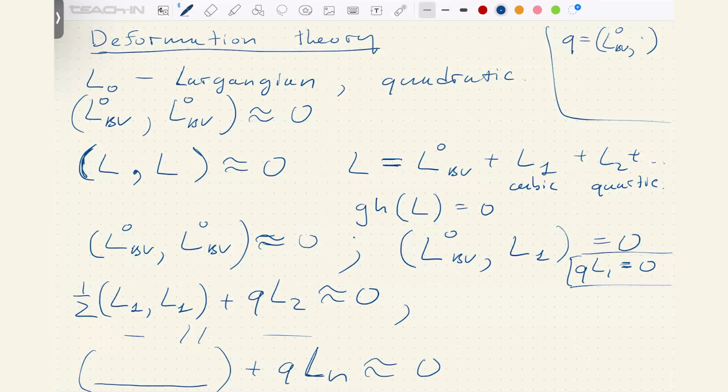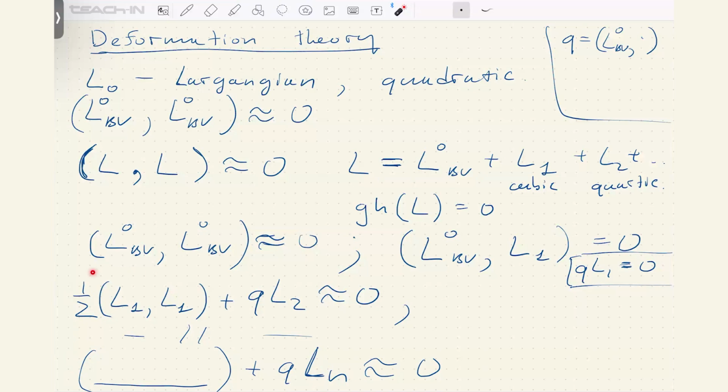And of course, by the same reasoning as we had in many proofs, you can see that this expression which you have here is automatically Q closed. But this equation tells us that this expression should be Q exact, so it should have a form of Q acting on something. For instance, here you can think of this as an equation on L2, or on a completion of our deformation.